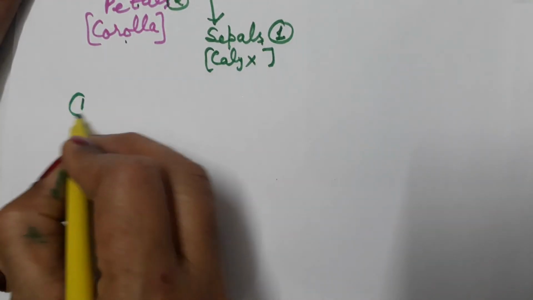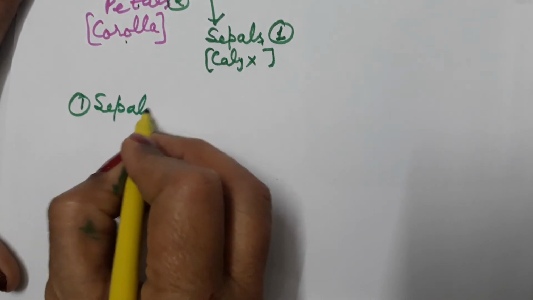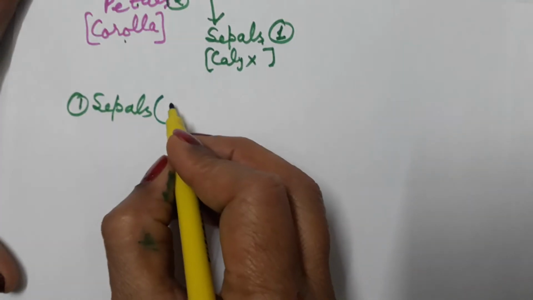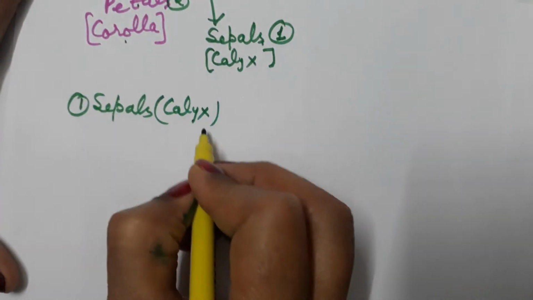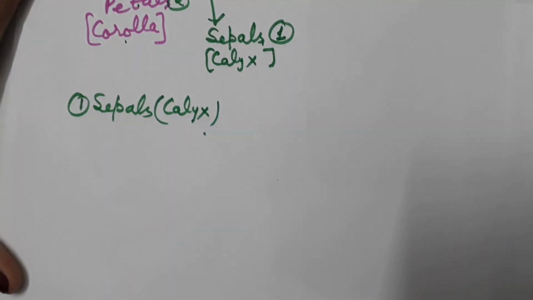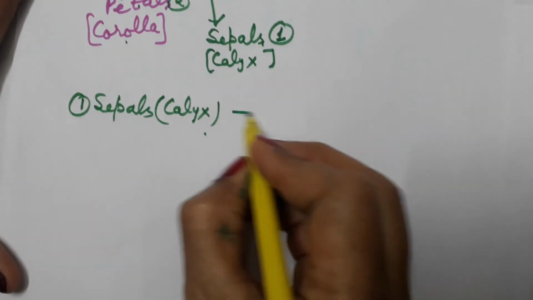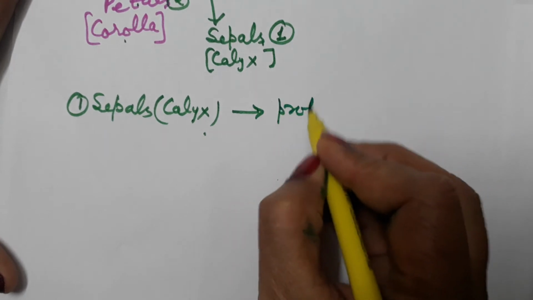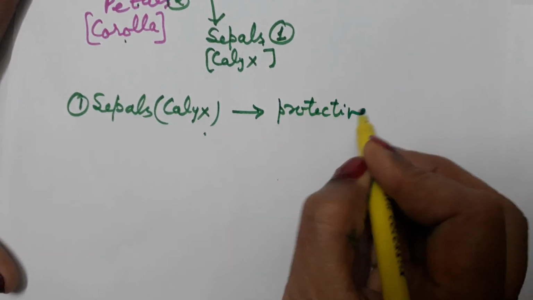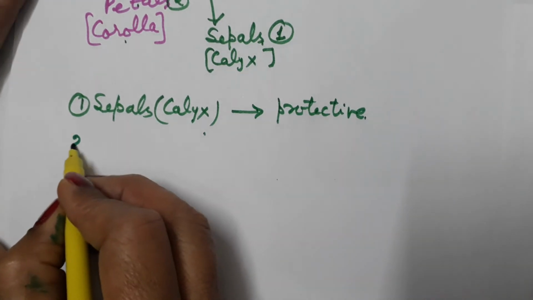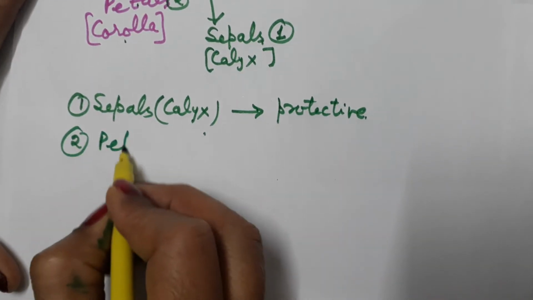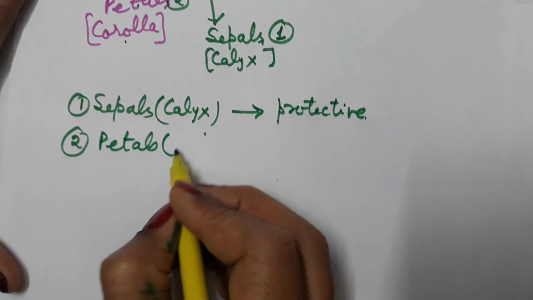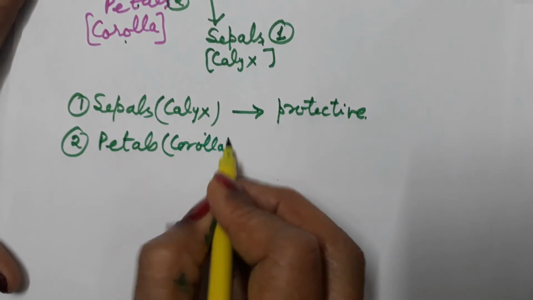First part, sepals, together constitutes the calyx. What is their function? It is protective in function. In a bud condition, it provides protection to the inner part of the flower. Second part is petals, which together constitutes the corolla.